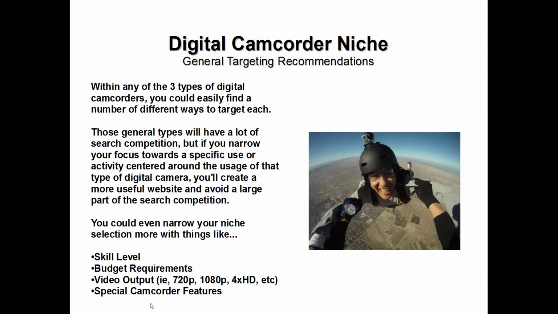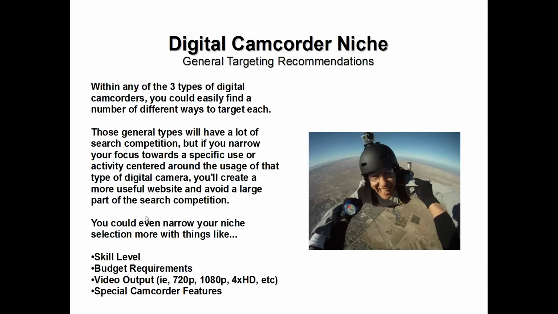Now you can also target other things like special camcorder features. There are certain people that are looking to do things like slow motion, and they need a camcorder that would have that very specific feature on it and be able to do it extremely well to whatever standards they're trying to produce. So with all of these different things, you don't necessarily have to go after something from everything in this list.